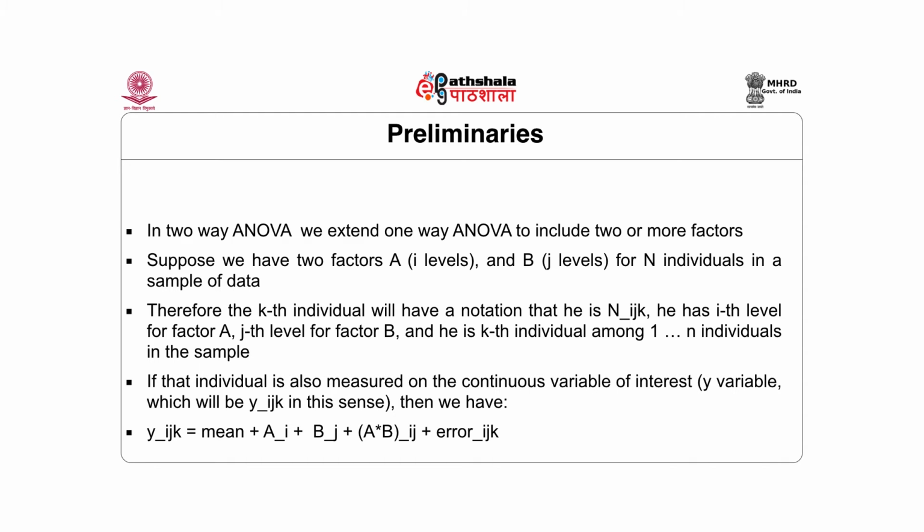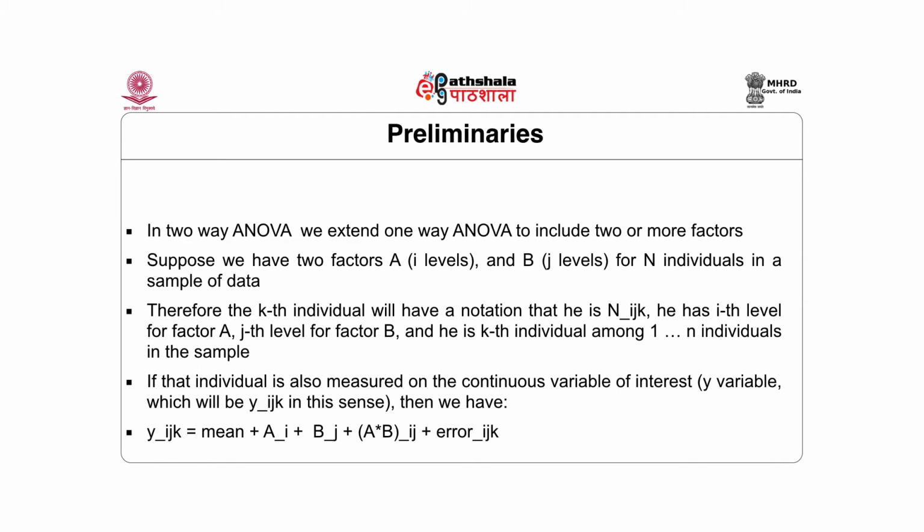So what happens is we can have a possible combination of 9 subtypes. So this person will have Y, length of stay, IJK, with an overall mean. That is, if all of these were set at their baseline level, we would still see that there would be some sort of a notion of a length of stay, right? So that's the mean that we can expect.